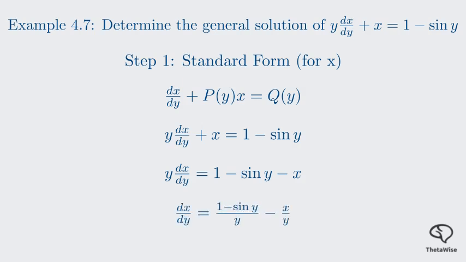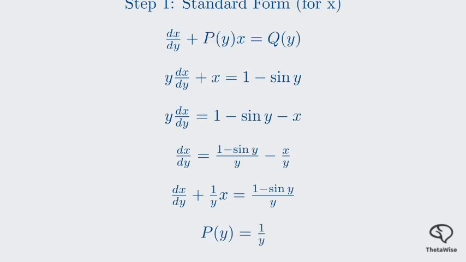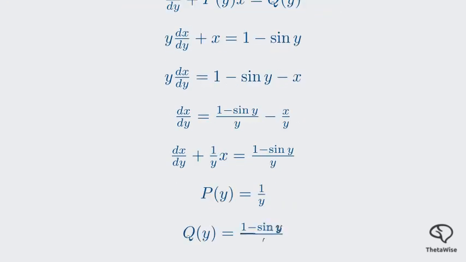This gives dx/dy equals (1 minus sine y) over y minus x over y. Let's move the x over y term to the left to match our standard form. Now we have the standard form. We can identify P(y) and Q(y). P(y) is the coefficient of x, which is 1 over y, and Q(y) is (1 minus sine y) over y.